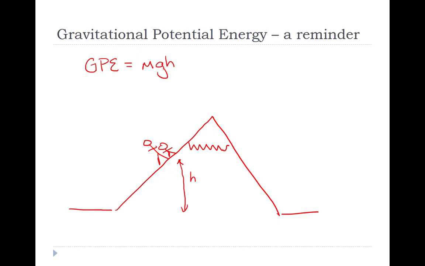So what I want to do here is something that we didn't do last semester. And what we didn't do last semester is define a quantity known as gravitational potential. The difference between gravitational potential and gravitational potential energy is gravitational potential will be the same for everyone that is at the same height.